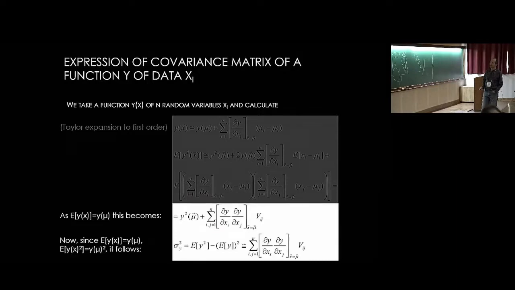And we get finally the variance of the derived quantity as the formula we were seeing before, the expectation value of y squared minus the square of the expectation value of y, so minus the mean squared. And this is basically this expression here. So we now have a practical way, and you see this is basically the same thing I drew here for a case of a single variable, to compute the errors on the derived quantity.